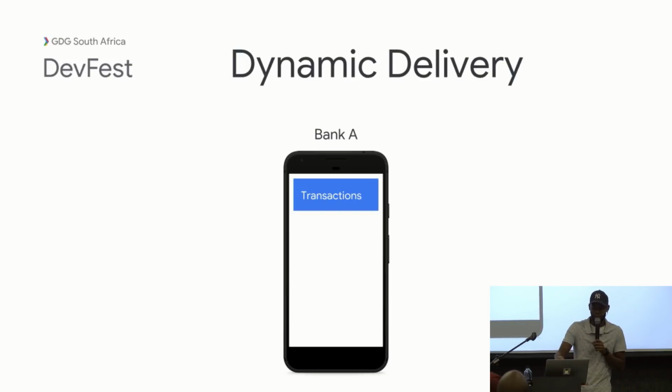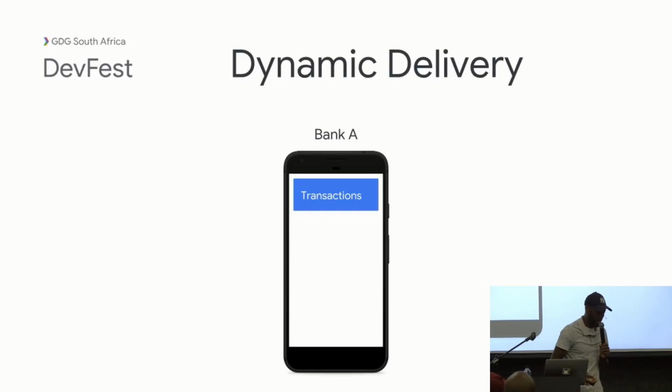A dynamic application would allow me, say, I'm banking with Bank A. I'm not doing insurance with them. I don't have vehicle finance with them. I don't have a home loan with them, right? All I need from them is day-to-day banking. So an application should be able to provide me that. I don't need to download all the source code that I do not need onto my device, right?